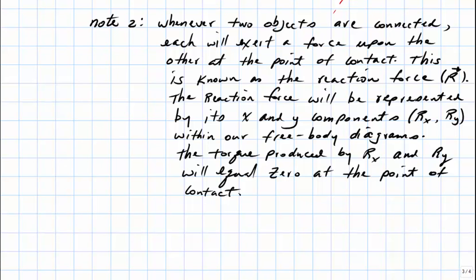And that's because Rx and Ry are located at the point of contact, which means the length of the moment arm equals 0.